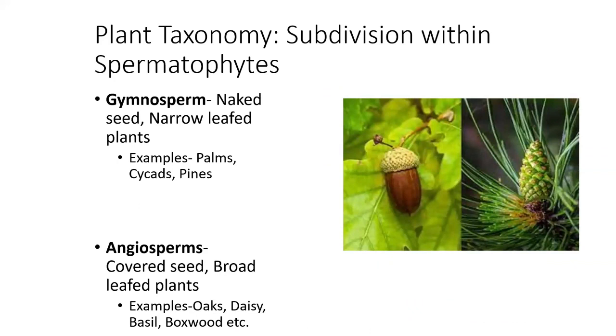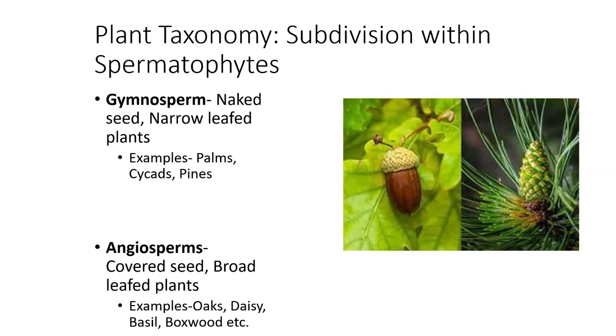Now, within spermatophytes, we can break them into either gymnosperms or angiosperms. Gymnosperm means that the seed is naked, so they often will have a narrow leaf. This can be, for example, palms, your cycads, and pines. That means the seed does not have a covering all over it. And then we have angiosperms.